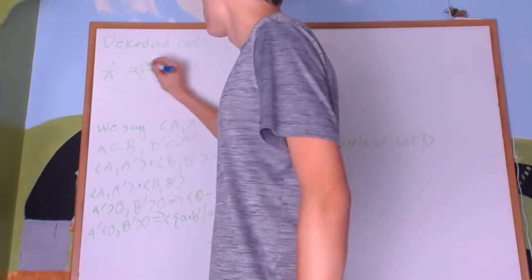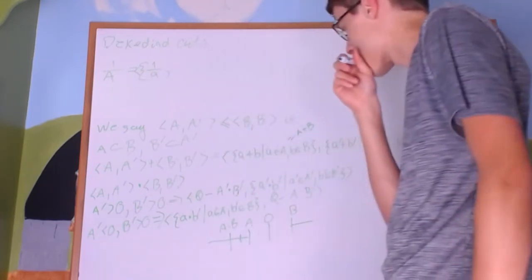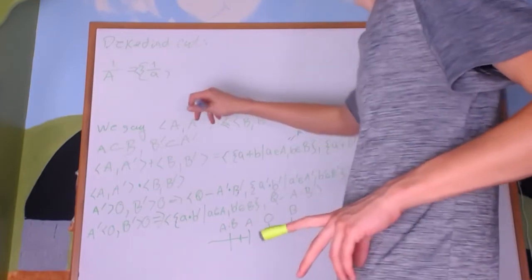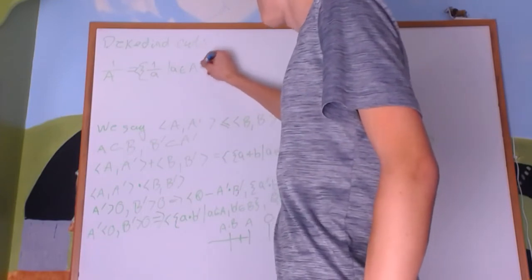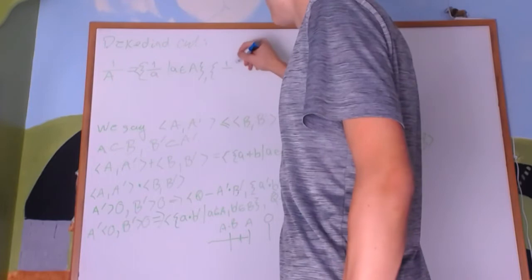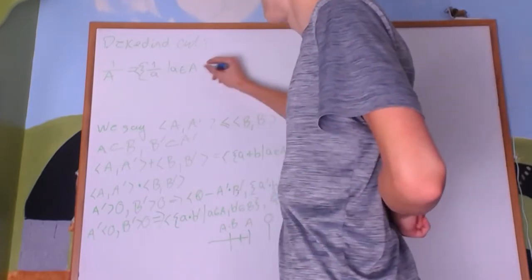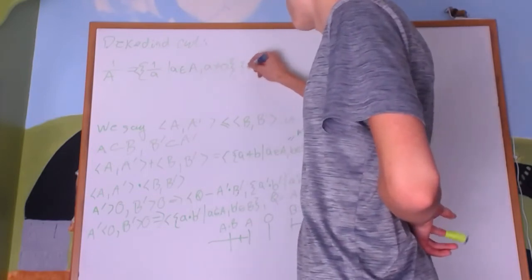So the pair where you do 1 over A for A in A, and then you do the set of 1 over A for A in A not 0. And then same thing with A prime.